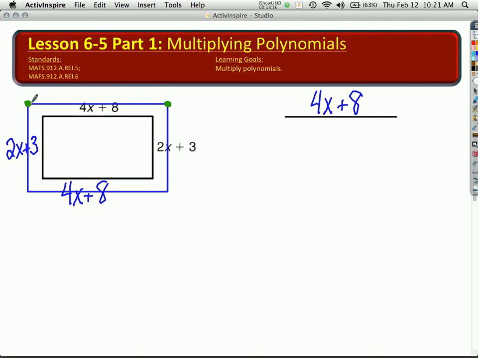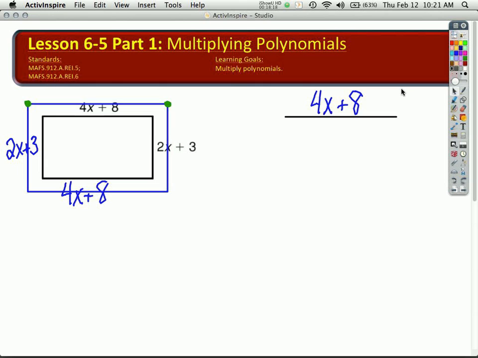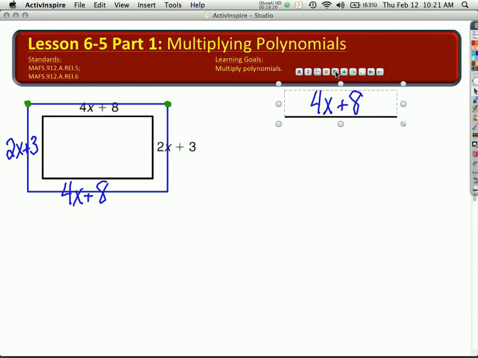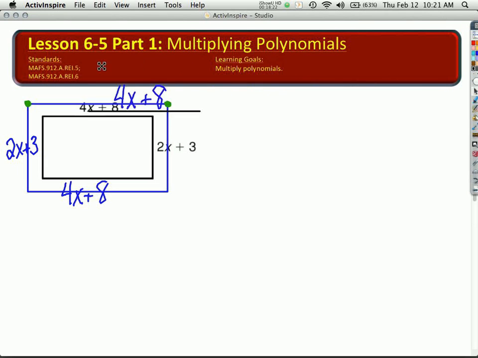Right? So now, let me take this. Watch this. So what is the distance between the green dots? Because this is 4x from here to here. That's 4x plus 8. But we need the distance from the green dot to the green dot.